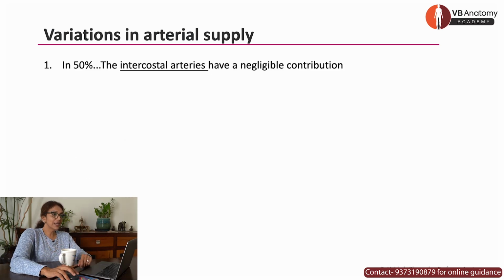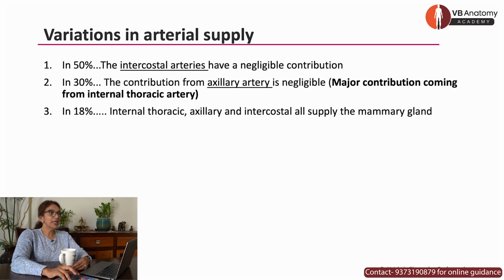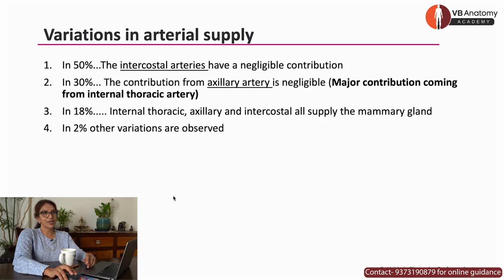In 50% cases, intercostal arteries have negligible contribution. In 30% cases, axillary artery itself has negligible contribution. So most of the contribution is coming from internal thoracic. In 18% cases, they have the same equal contribution to supply of mammary gland. So there is a lot of variation, and all these variations must be looked for and explored before the surgery.